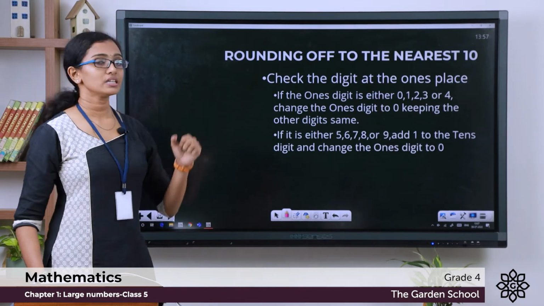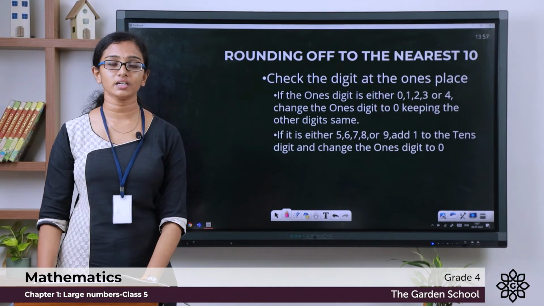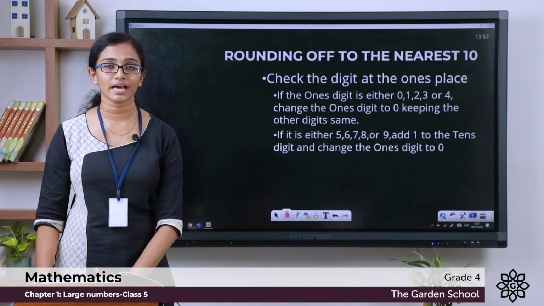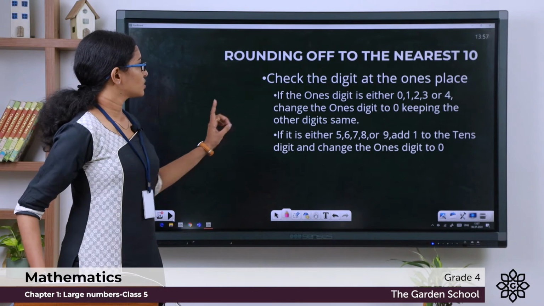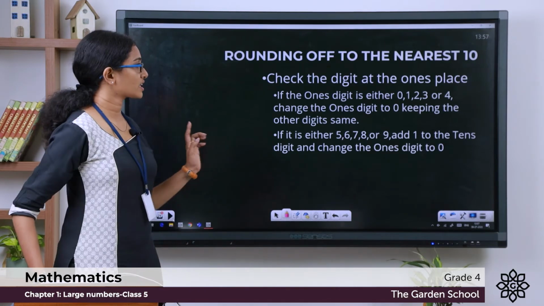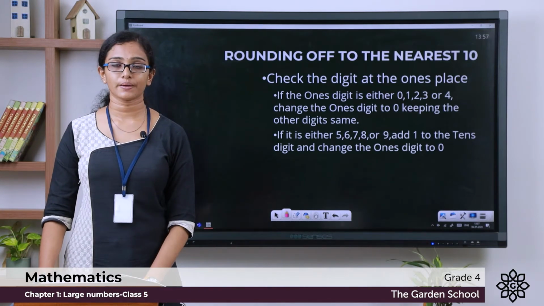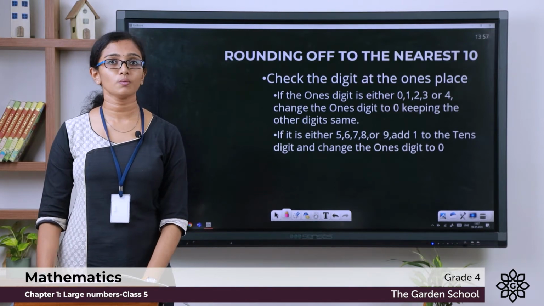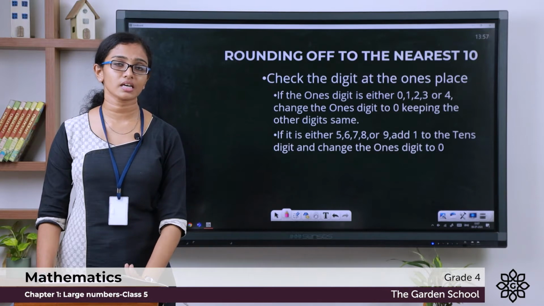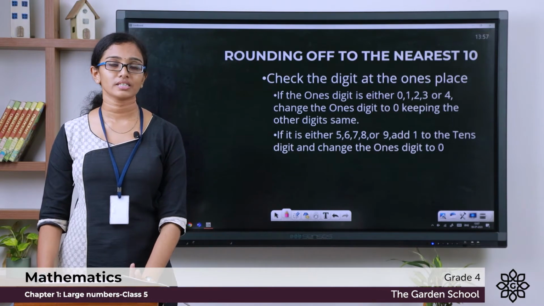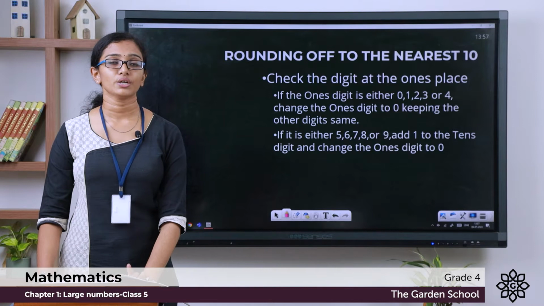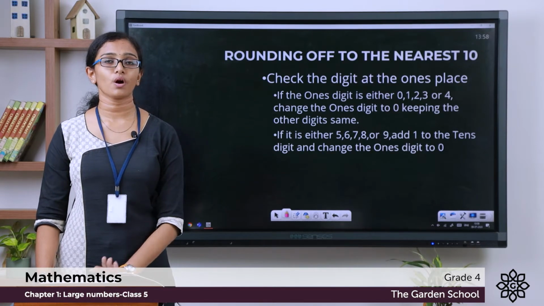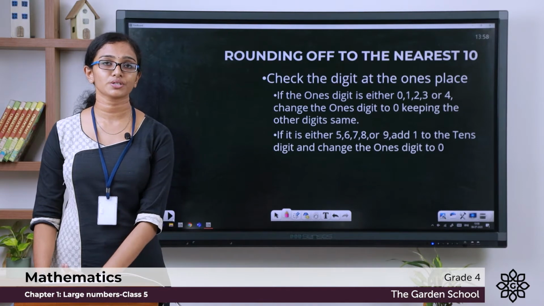So, if the digit in the ones place is either 0, 1, 2, 3 or 4, that is, if it is less than 5, you have to change the ones digit to 0, keeping the other digits same. If the digit in the ones place is 5 or more than 5, that is, if it is either 5, 6, 7, 8 or 9, you have to add 1 to the tens digit and keep the other digits same. Also, change the digit in the ones place to 0.